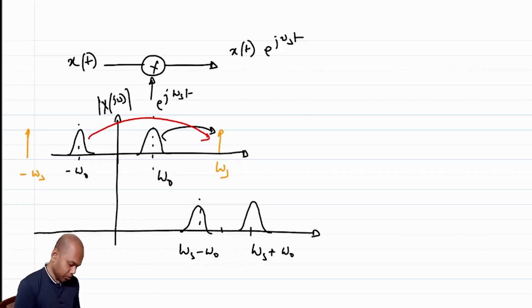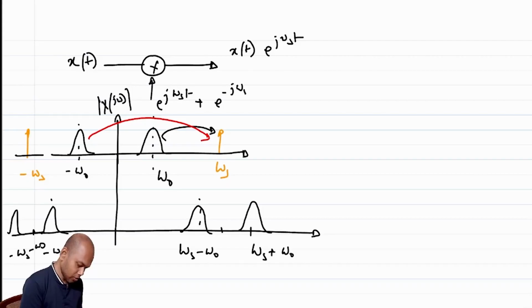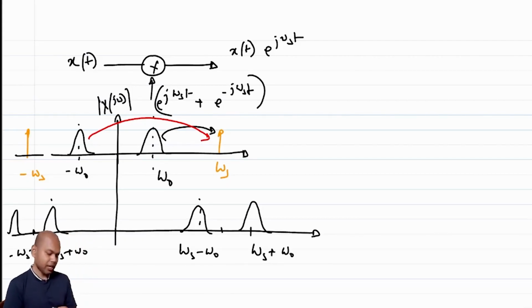Similarly, you are going to have a tone on the left hand side also around negative omega s. So you're going to have a tone at negative omega s plus omega naught and negative omega s minus omega naught. And like before, if instead of e power j omega s t it were a square wave, I made a mistake, I should have said you have two tones, that's why you got omega s and minus omega s.